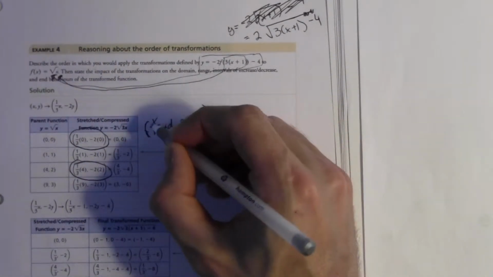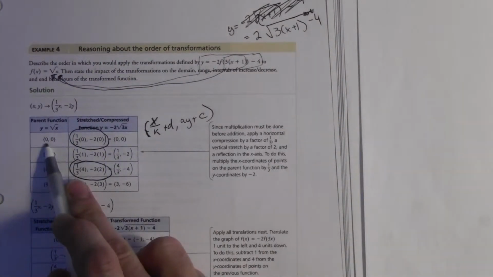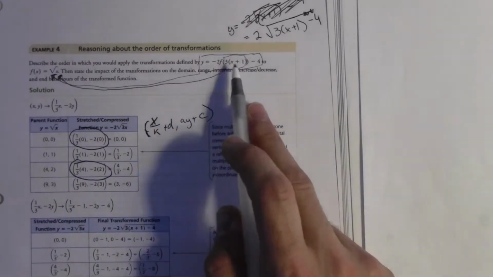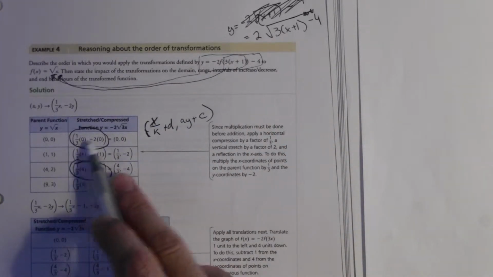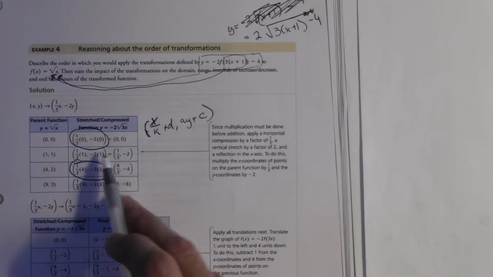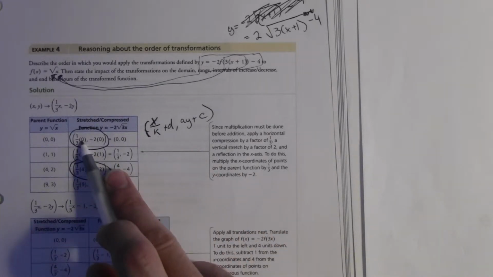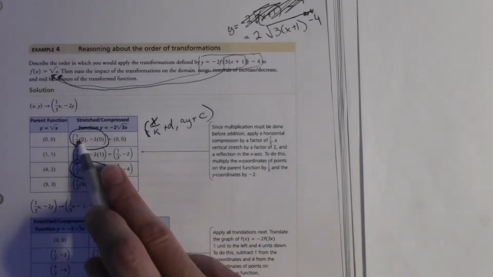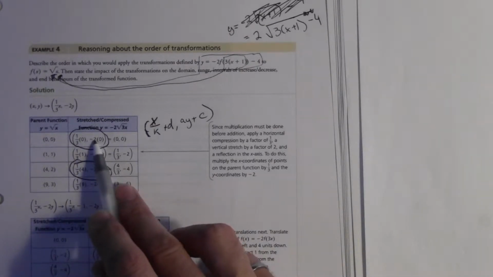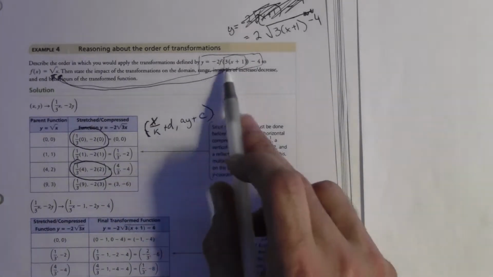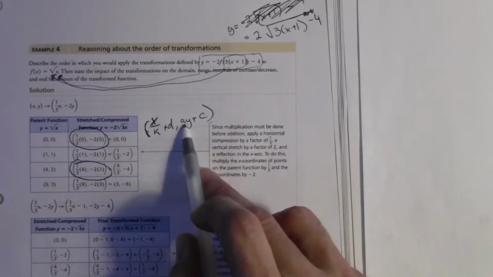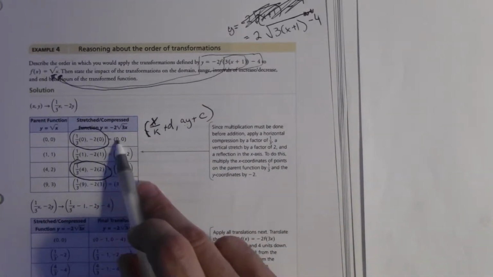Okay, so they're using the value of x, which is 0, they're putting it over k, which is 3 here. They're multiplying it by the x value, which is 0, and then minus 2, which is the a value, times y, which is again 0. So it's 0, 0.